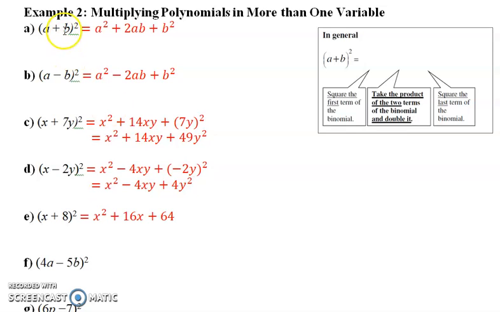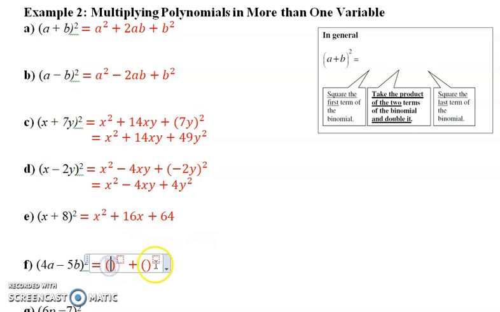All right, the next one, we have (4a - 5b) squared, so we're going to insert brackets. That's going to equal bracket plus, and I need this each time, so I'll make this down here.